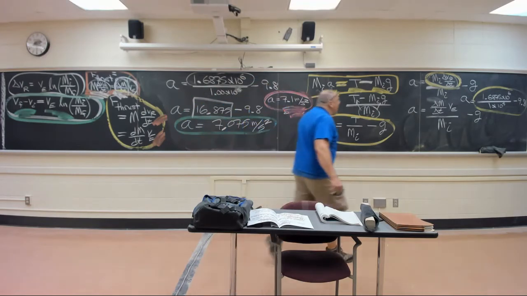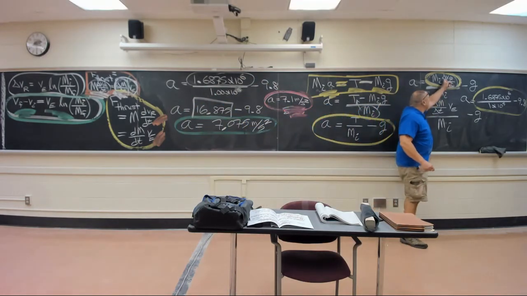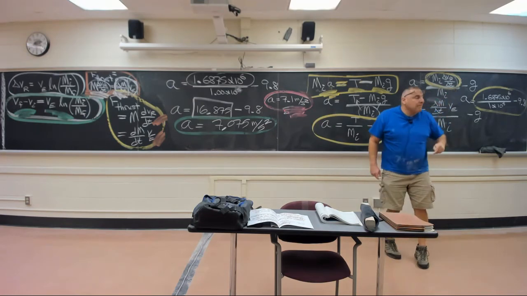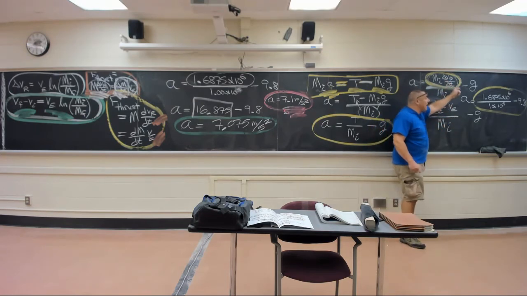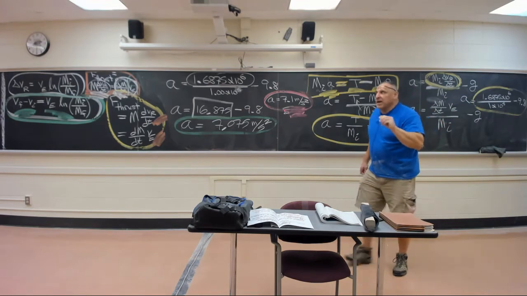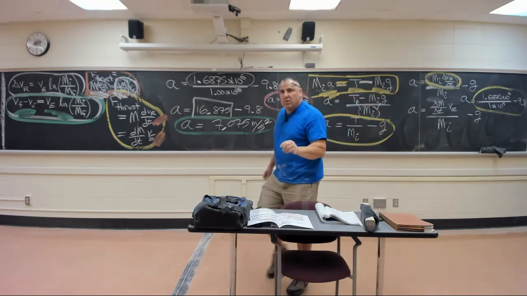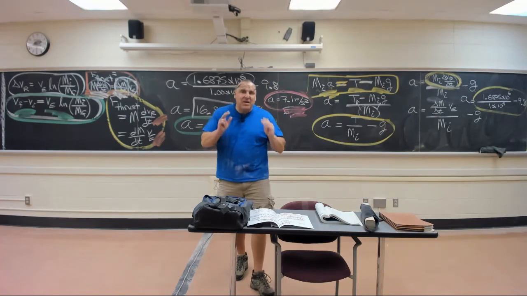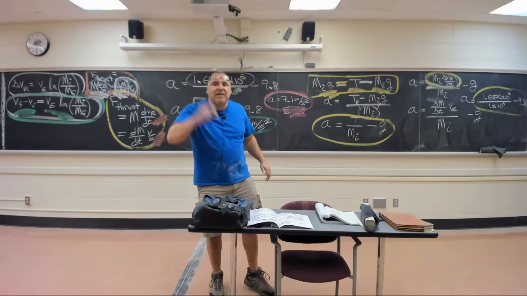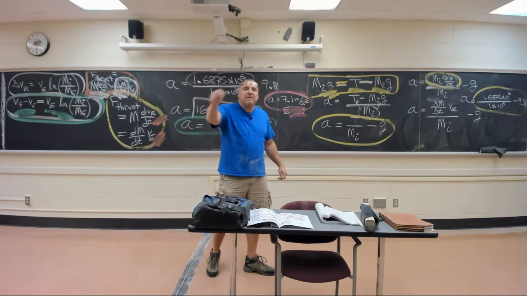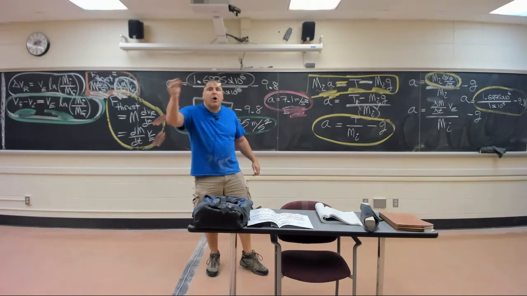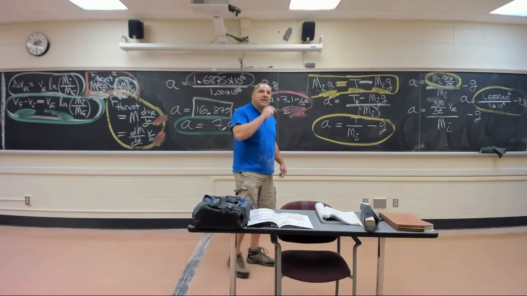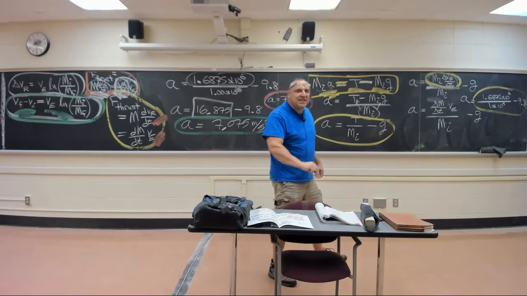For me to find delta v_r over delta t at an instant, at time t equals 0, I'd need a derivative. I'd need dv_r over dt, not delta v_r over delta t.